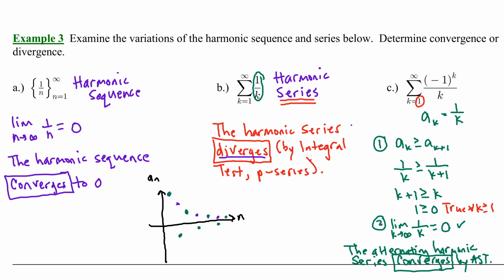So when I add the terms of that alternating harmonic sequence together, because of the alternation, the positives and negatives, there's enough cancellation that occurs that allows that alternating harmonic sequence to converge. This is going to lead us into something that we call conditional convergence, and we'll study that in the next video. For now, we could say the harmonic series converges provided that it alternates in sign.